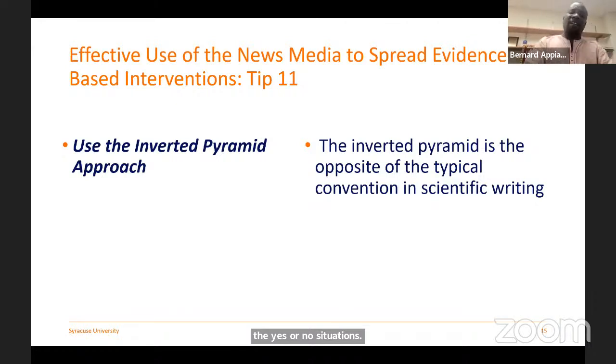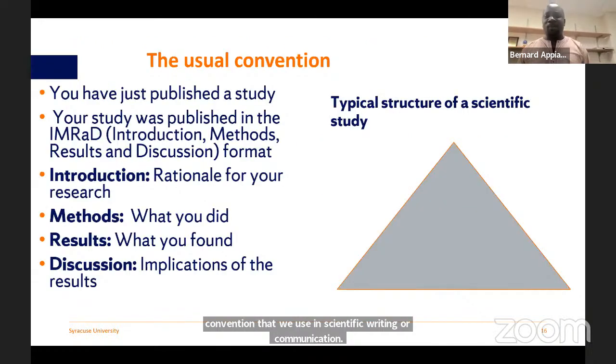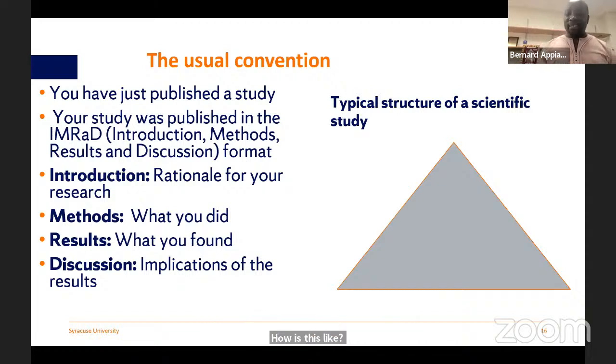Now, we also have to use the inverted pyramid approach. The inverted pyramid is the opposite of the typical convention that we use in scientific writing or communication. How is this like? For a typical scientific study or paper, we have what you call IMRAD: introduction, methods, results, and discussion.